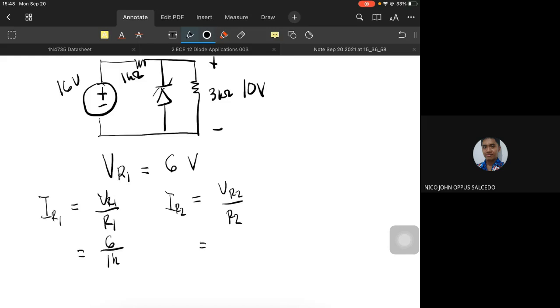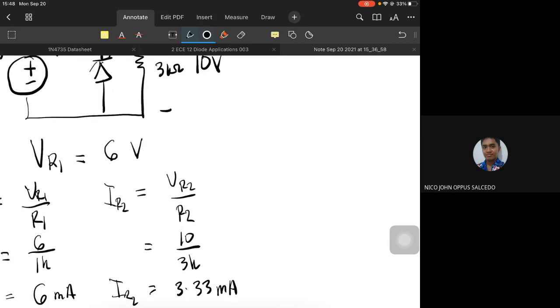This one, 10 volts over 3K. 6 divided by 1K is 6 milliamperes. 10 divided by 3K is 3.33 milliamperes.